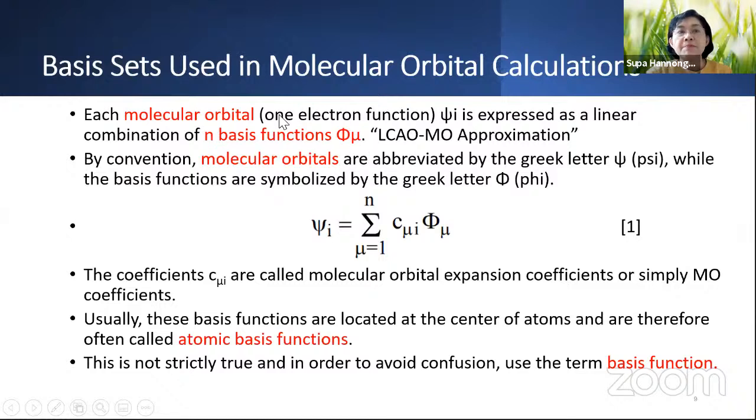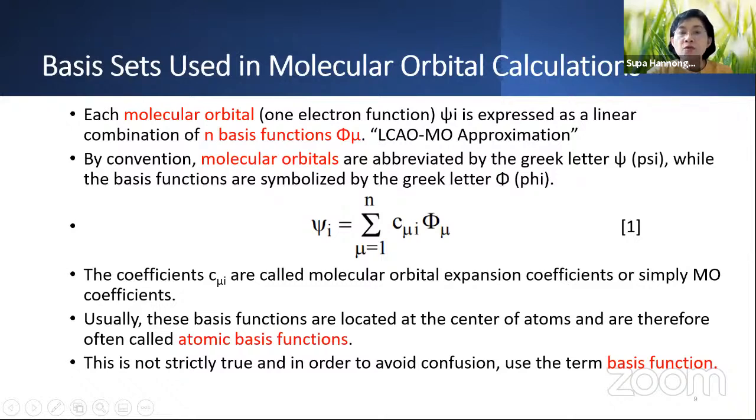And this statement, again, I would like to mention, is the LCAO-MO approximation: linear combination of atomic orbitals to construct the molecular orbital. By convention, molecular orbitals are abbreviated by the Greek letter psi, while the basis functions are symbolized by the Greek letter phi, big phi like this.